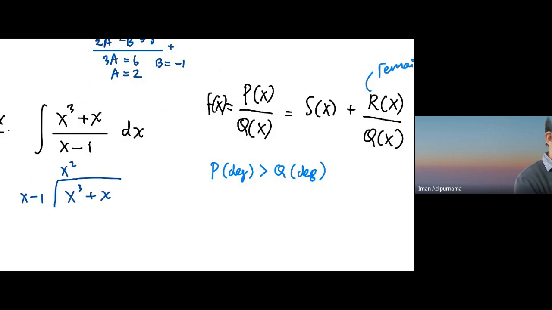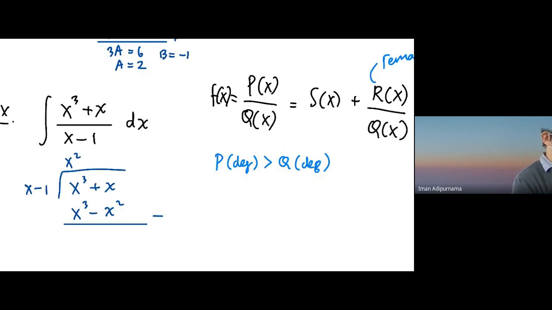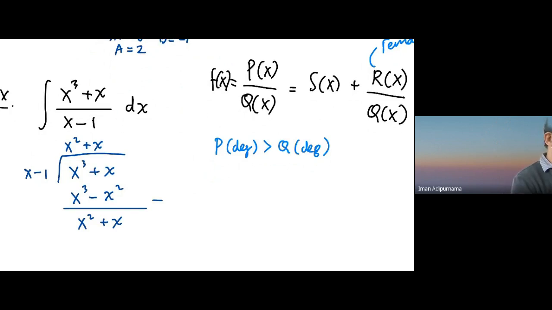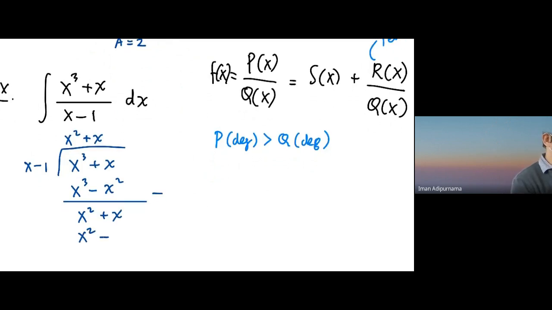Start with x squared, and then plus x. So plus, it's 2x and plus 2.